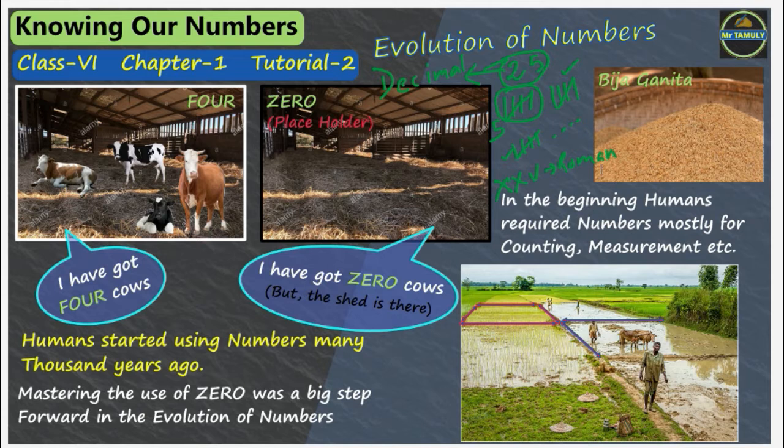So you can very easily imagine that this was most definitely an enormous effort and a collective effort on the part of our ancestors. Centuries ago, it may have so happened that our forefathers were faced with the problem of counting the number of seeds in a heap of seeds like this one in this image. This is a heap of paddy seeds.